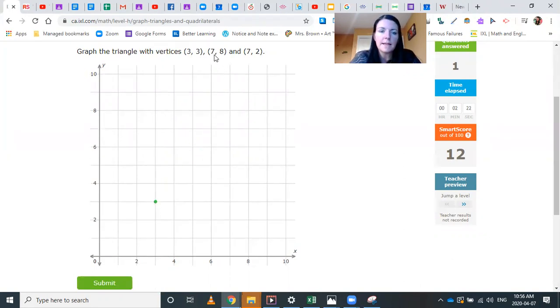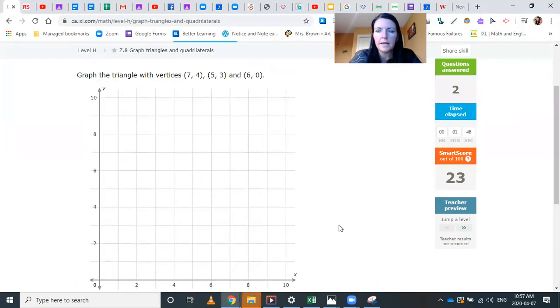Then we've got X is 7. I'm sure you could do this in any order. I don't think you have to do it in the same order it gives you. So 7 and 8. X is 7, Y is 8. And then we've also got X is 7 and Y is 2. So we go back on this line to get to the point where Y is 2. And there we have our second triangle.